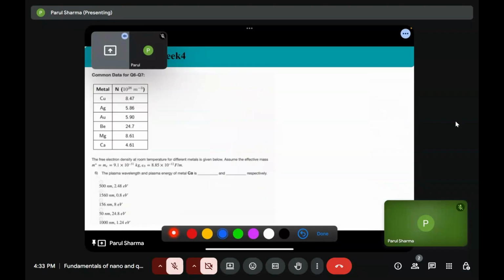Then the number of particles per unit volume for different metals, copper, silver, gold, to get the electron density at room temperature for different metals is given below.